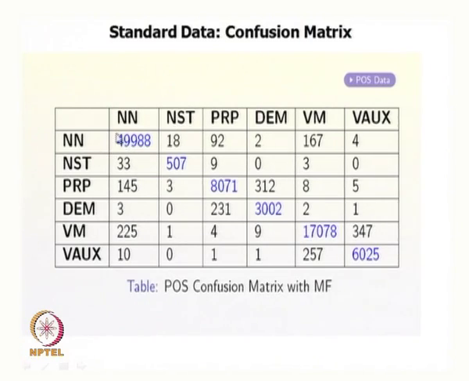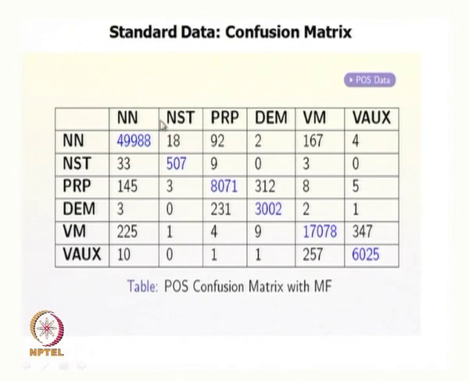So, the number of nouns is about 50,000, and out of them 49,988 times the noun has been tagged as noun, which explains the close to 100% accuracy on the noun tag, which was shown in the bar chart.